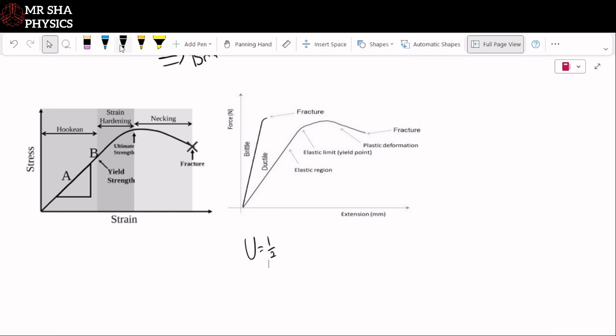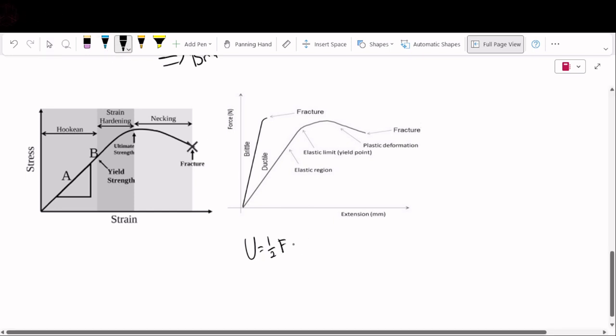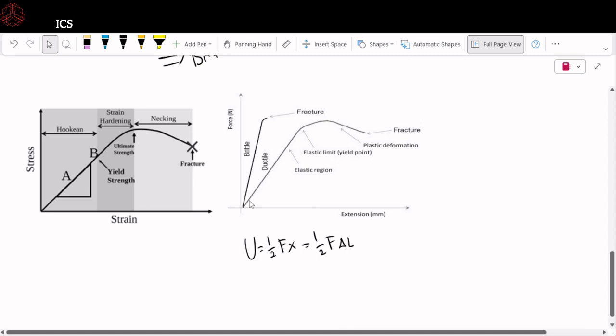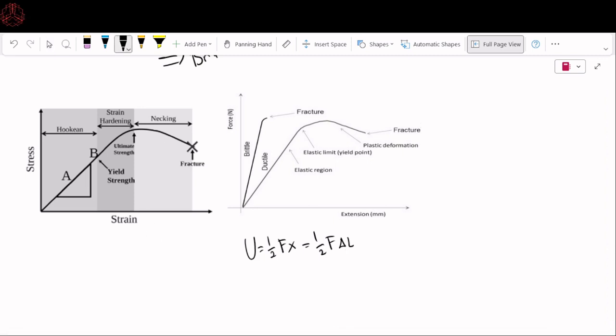Here x refers to extension, and therefore you have half F delta L. On the other hand, for the stress strain graph, you can still figure out the strain energy, right?